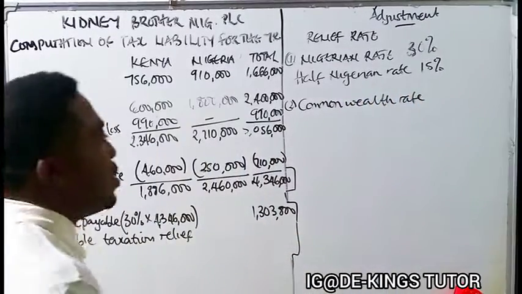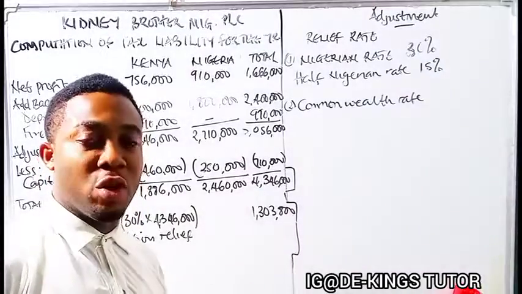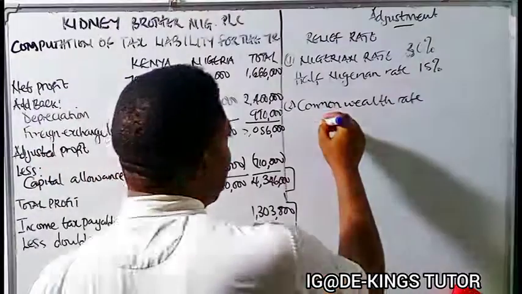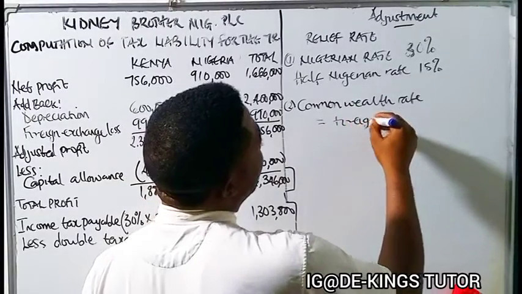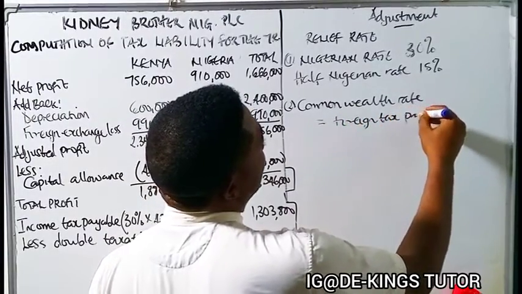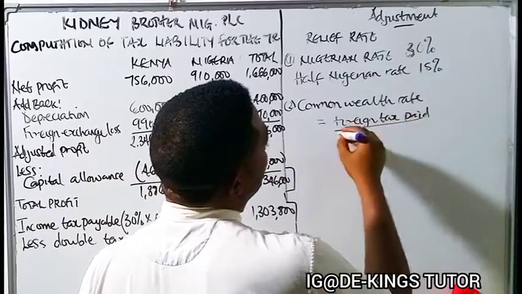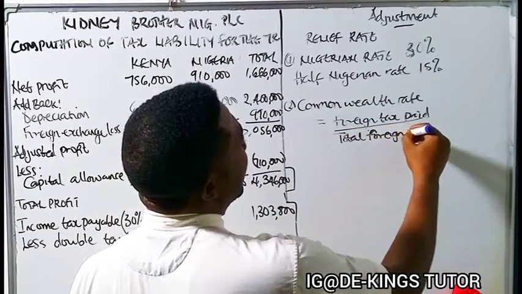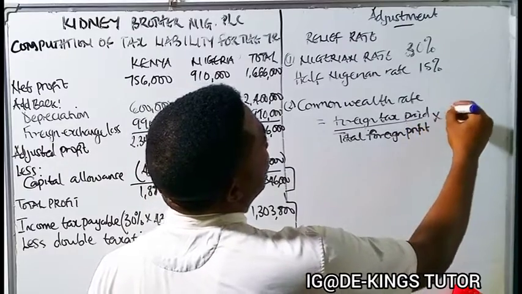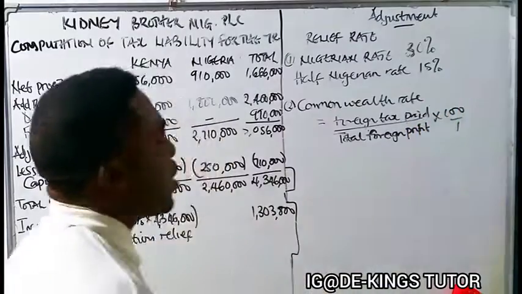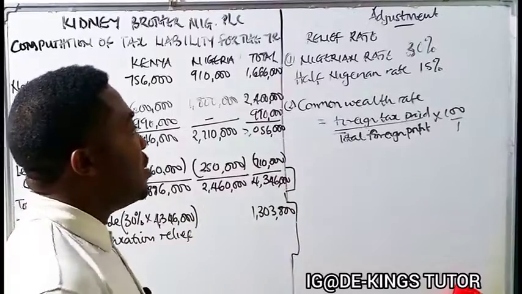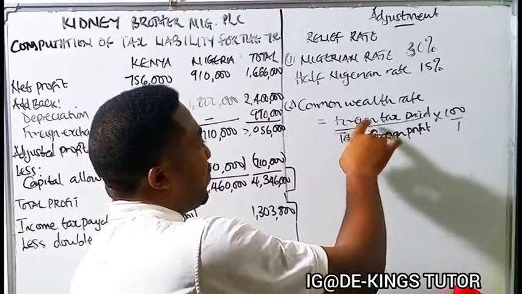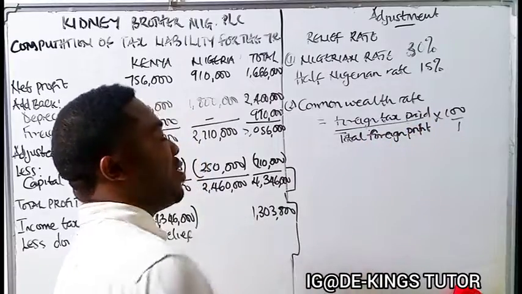Now, how do we get this Commonwealth rate? It has a formula. The formula is foreign tax paid over total foreign profit times 100/1.